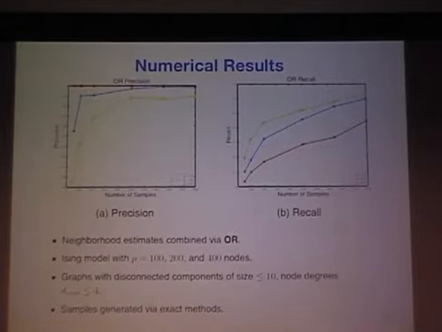We see here that the precision is high, but the recall is going up at a slower rate. Of course, by changing the regularization parameter, you can make a different trade-off between precision and recall. But with the regularization parameter chosen as in the theorem, this is the performance that we get, and this is parallel to what I showed you in that picture of the Gaussian.